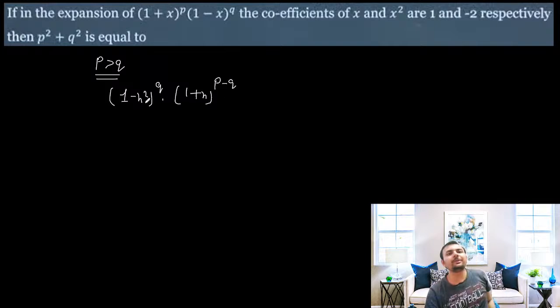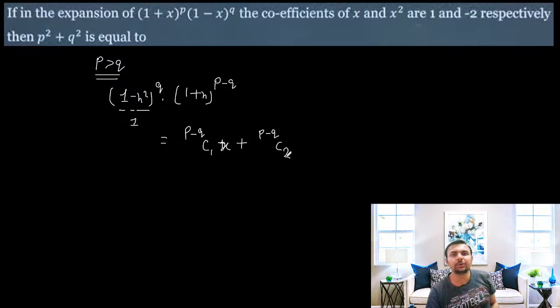So from here, the term we can get is 1, and from the other factor the terms are (p minus q)C1 x and (p minus q)C2 x square. This is the only term possible.